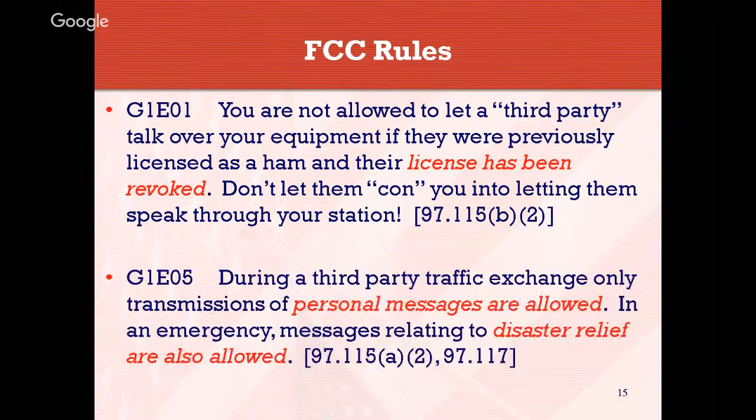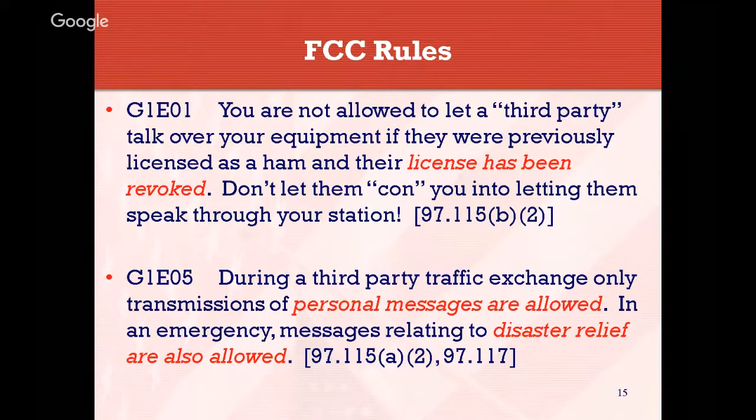All right. During a third-party traffic exchange, only transmissions of personal messages are allowed, and an emergency message relating to disaster relief are also allowed. So, in other words, let's say, for instance, you've got somebody in your shack and they're not a licensed ham, but neither have they had their license revoked.